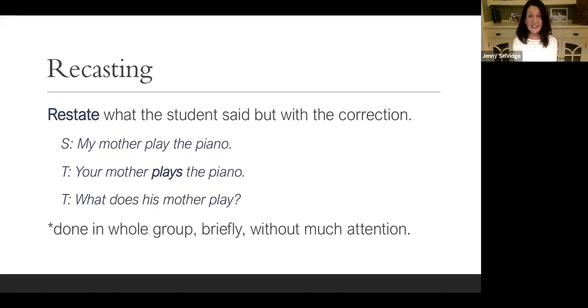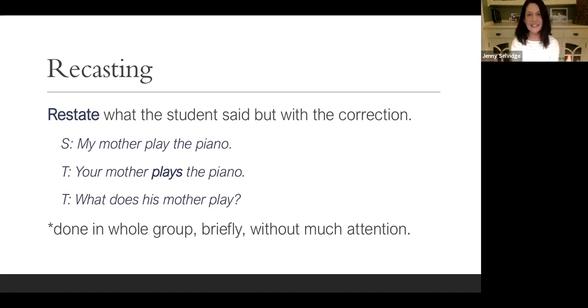So recasting is simply restating what the student said, but with the correction. So for example, my mother played the piano. Your mother plays the piano. So notice the student didn't have the S, and the teacher said it with the S form of the verb. And then maybe the teacher asked the whole class, what does his mother play?